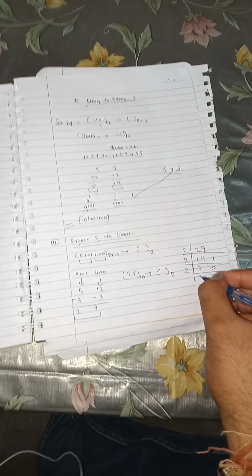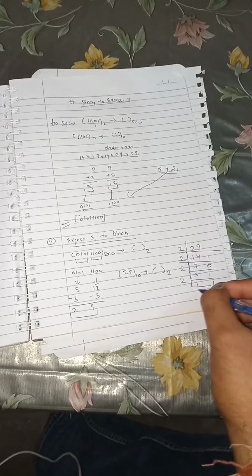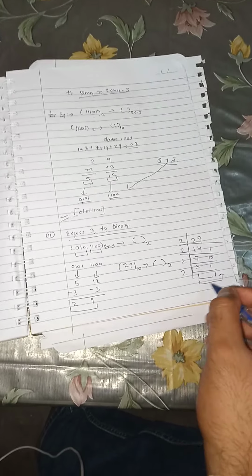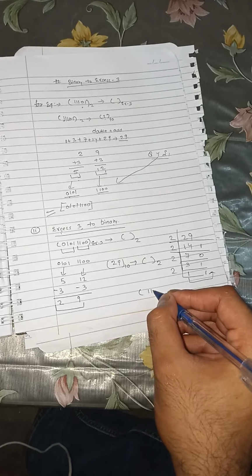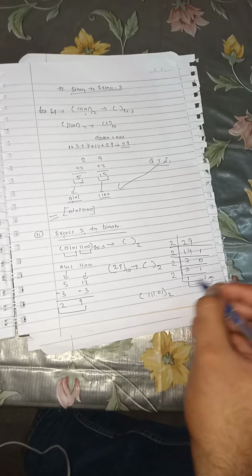Now 2 threes, remainder will be 1. Now 2 ones, remainder will be 1. From this side we will write the binary number of this code. So the binary number will be 11101.